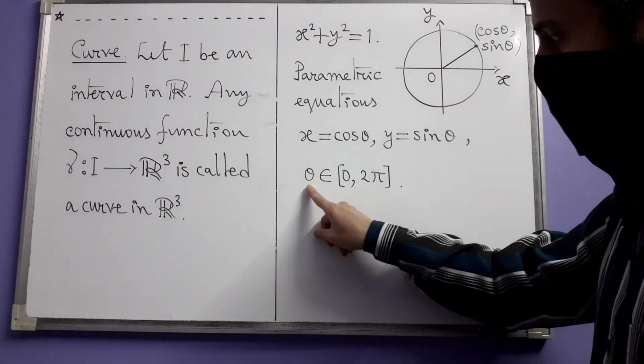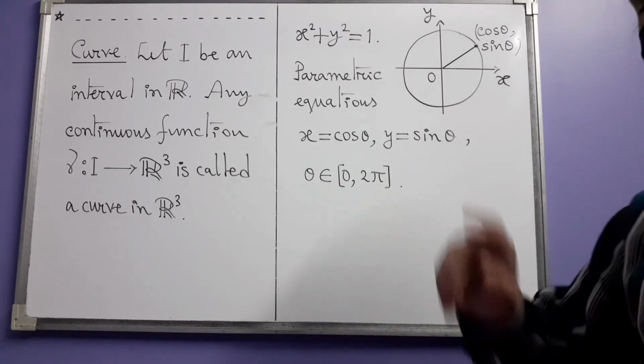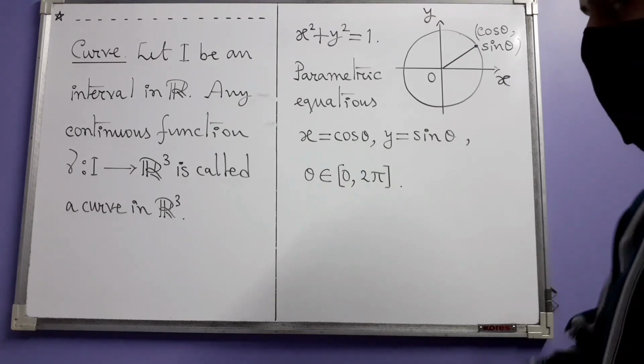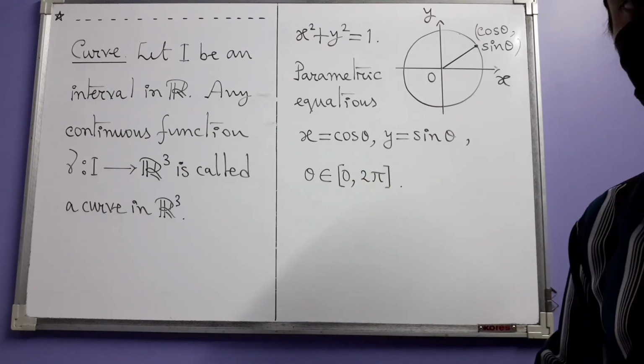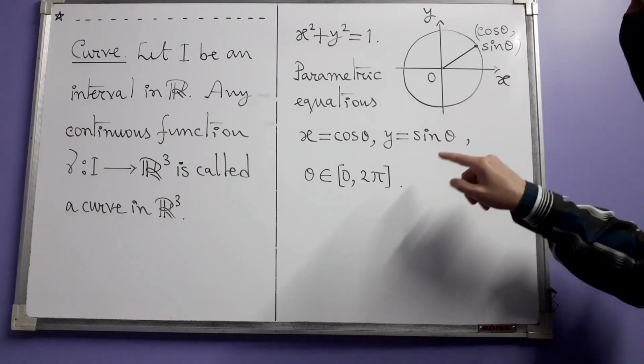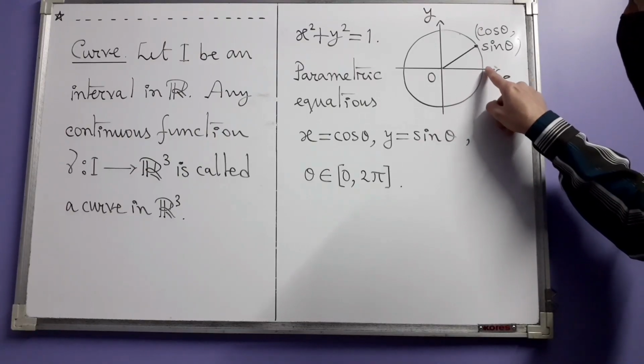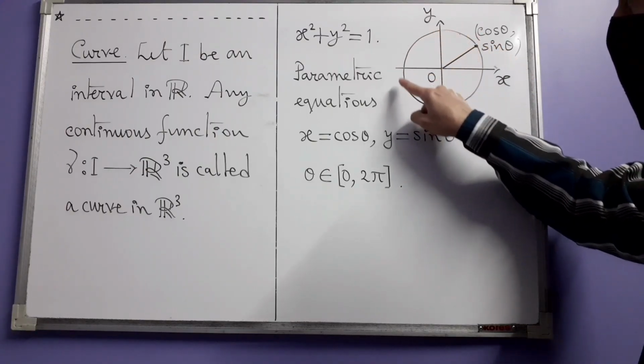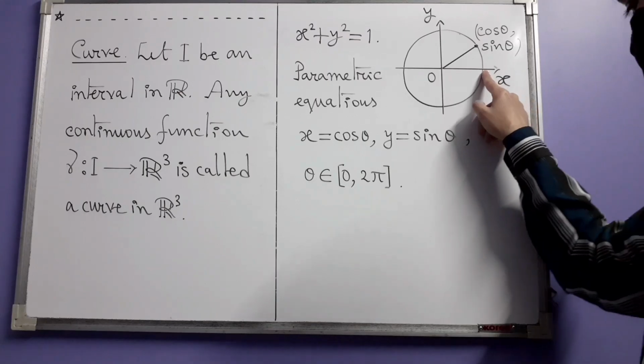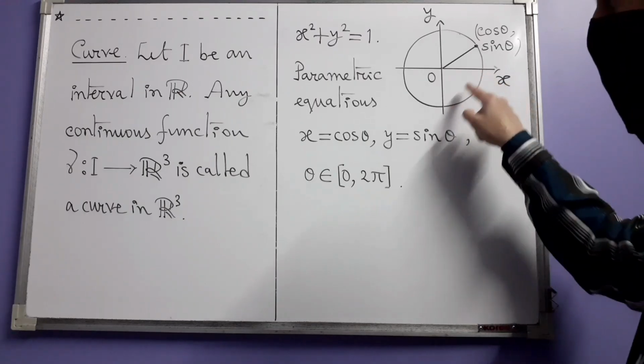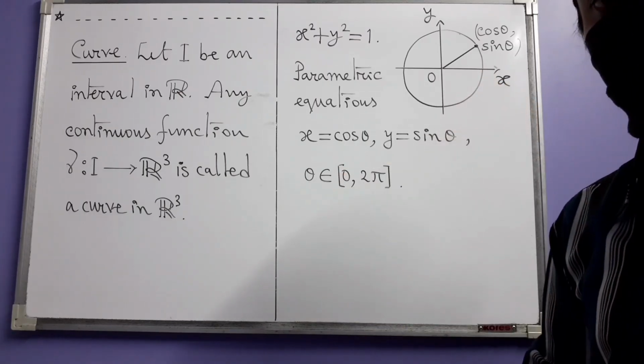And now if you vary theta in this closed interval from 0 to 2 pi, then correspondingly this point rotates along the circle. It starts its journey here, which corresponds to the value theta equal to 0.